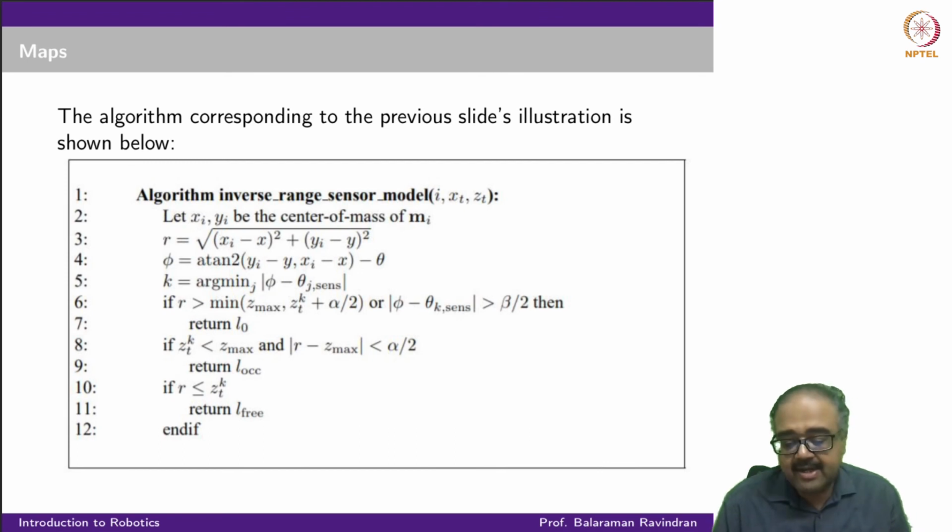then I say, hey, I don't know anything, so I'm going to return l0. Or if the object is too far away from the direction the sensor is looking. Remember, this is the sensor looking in the direction closest to the object, but even then the object is too far away. In both these cases, I am going to say that I don't know where it is.